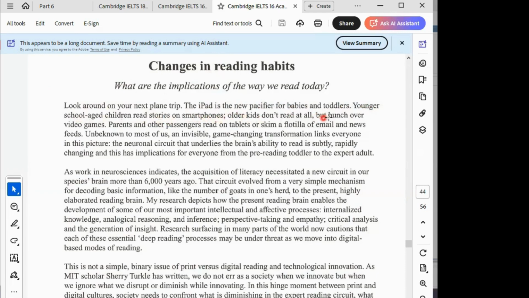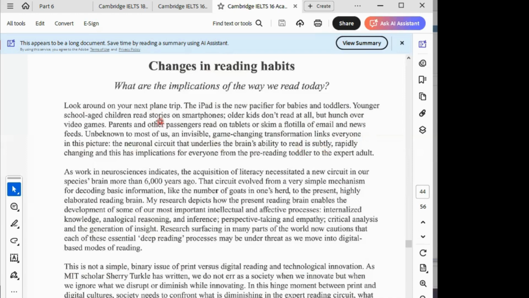Older kids don't read at all, but hunch over video games. Parents and other passengers read on tablets or skim a flotilla of emails and news feeds. Unbeknownst to most of us, an invisible, game-changing transformation links everyone in this picture. The neuronal circuit that underlies the brain's ability to read is subtly and rapidly changing.